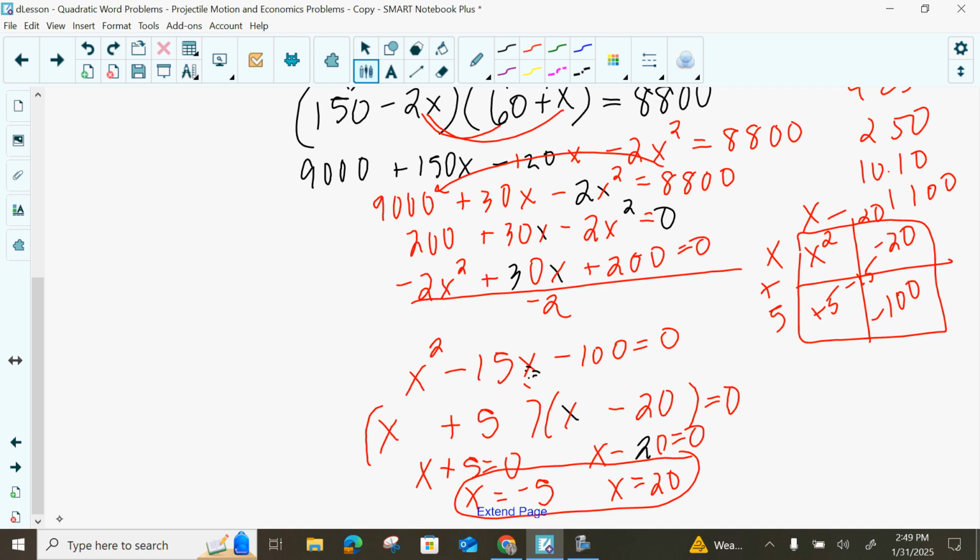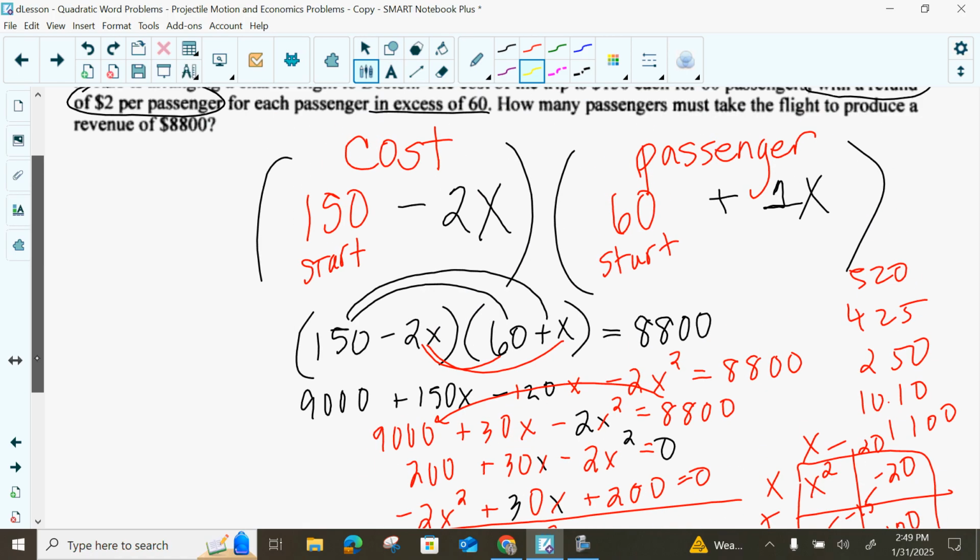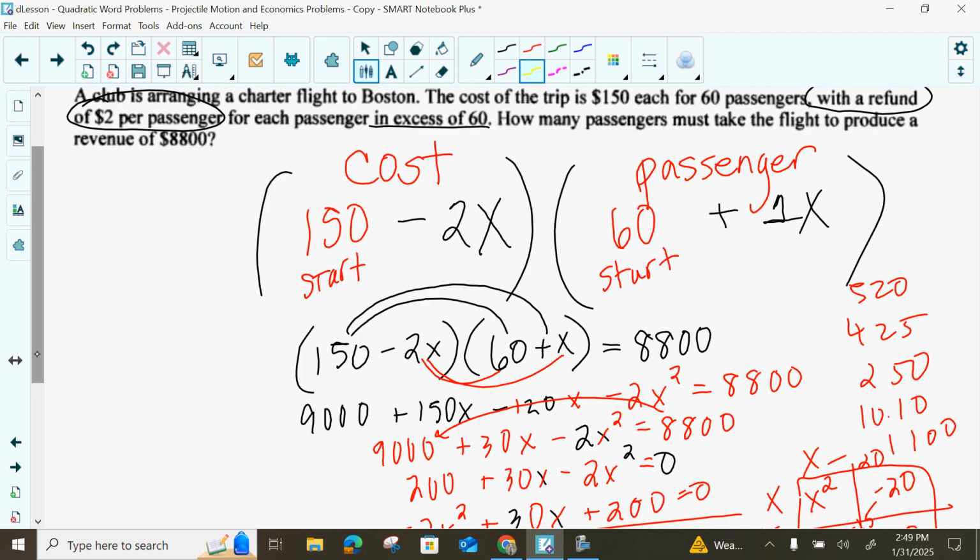Answer the question asked. All right, so I solved it and I got negative 5 and positive 20, right? Maxwell, come on. I got negative 5 and positive 20. What is the question being asked? Good.